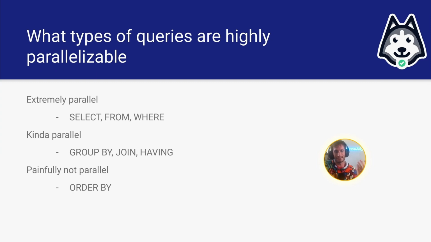Partition by in a window function and group by in a regular query, in the distributed compute world, those things behave very, very similarly, especially in terms of how they affect shuffle.